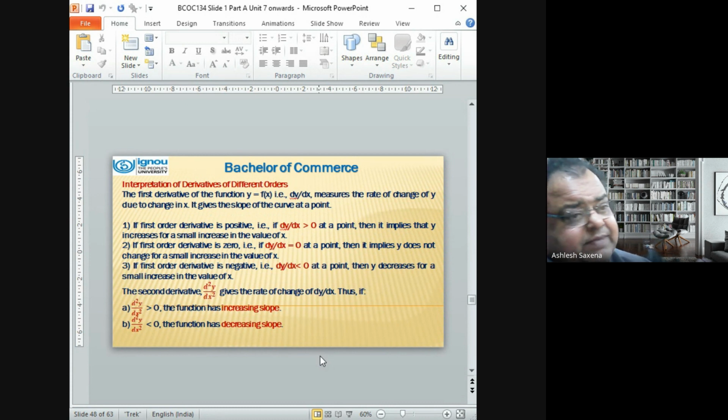The first concept of the first derivative has been seen. Now we move to the second derivative. Your function was y. The first derivative will become dy by dx, and your second derivative will be d square y upon dx square. If the second derivative is greater than 0, it will be increasing slope. And if your second derivative is less than 0, that will be decreasing slope.